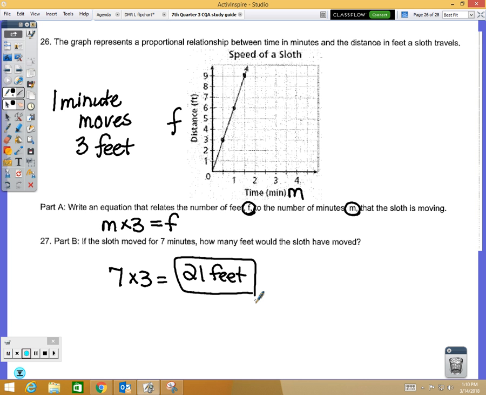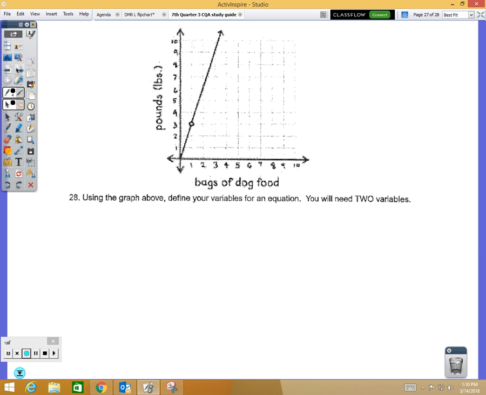Now, in the very last problem, which was on its own separate piece of paper, it wants you to define the variables, so you're choosing the 2 letters, and then write an equation, and then answer a question, all right? So let's do that last part. So it gives you a graph that talks about the bags of dog food and the pounds per bag. They must be pretty small bags, right?